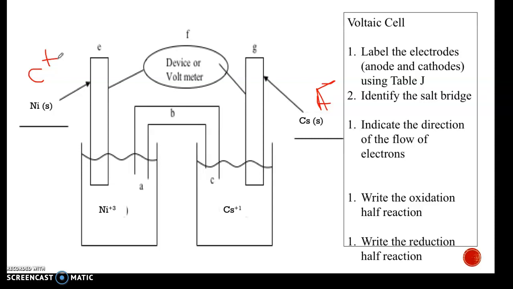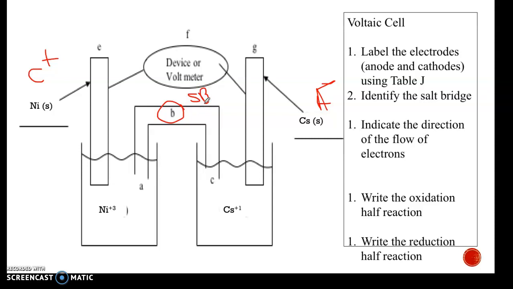That's what's flowing in between the cells through the salt bridge. It's preventing the buildup of ions as well. So letter B would represent our salt bridge. I circled it, and then I'm going to write the salt bridge right there.